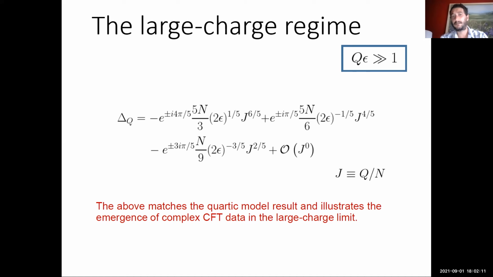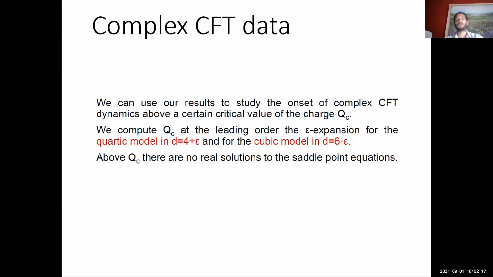To analyze this issue even more deeply, we use our result to compute this critical value of the charge. In particular, we compute the critical charge at the leading order in the epsilon expansion for both the quartic model in 4 plus epsilon dimension and the cubic model in 6 minus epsilon dimension.